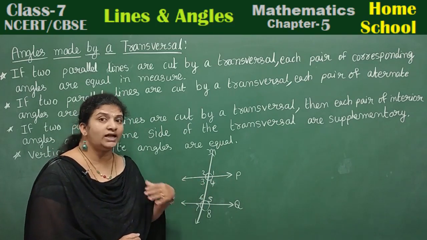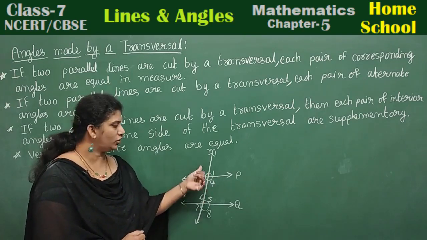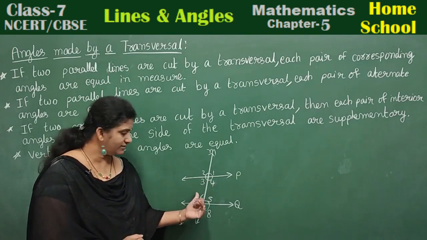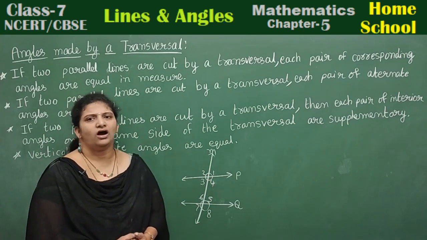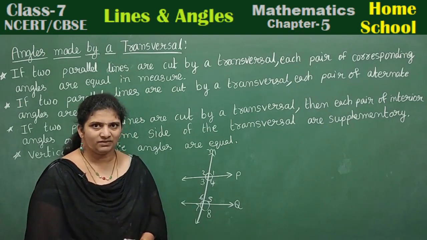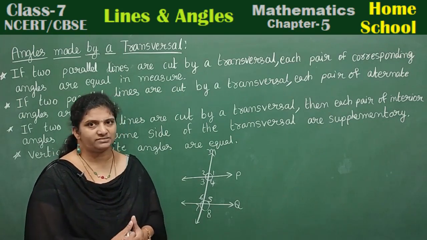Next one, vertically opposite angles: angle 1, angle 3; angle 2, angle 4; angle 5, angle 7; angle 6, angle 8. All these we have seen as pairs of angles. Right? All angles we identified in pairs.